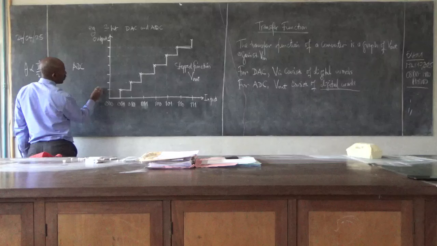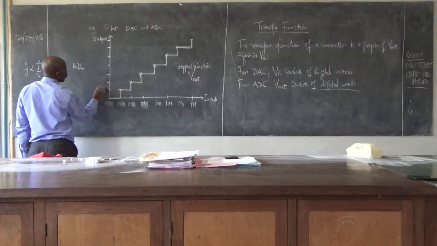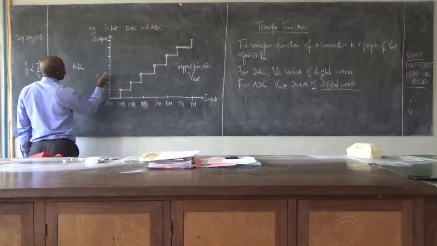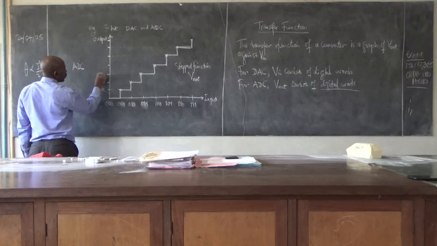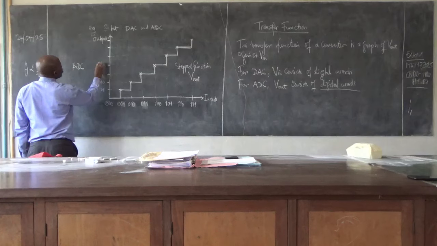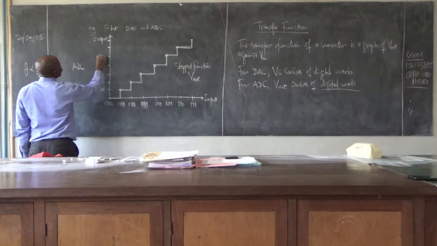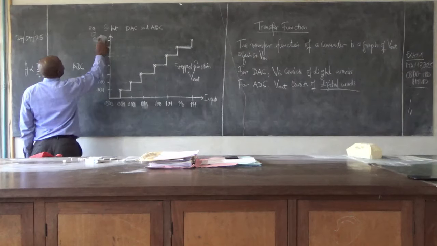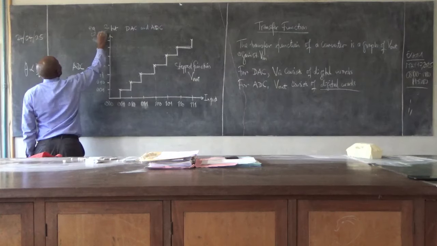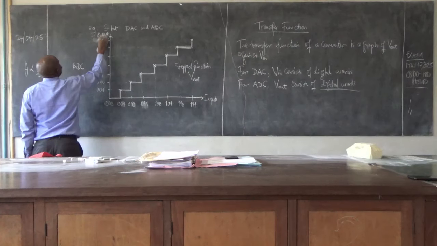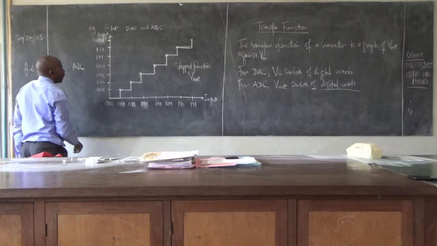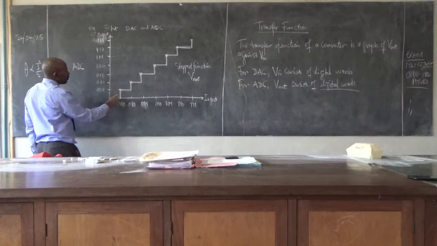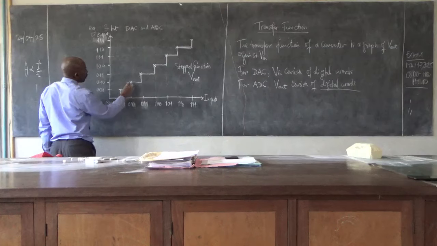This will be 0, 0, 1, 0, 1, 0, 0, 1, 1, 1, 0, 0, 1, 0, 1, 1, 1, 0, and then this one will be 1, 1, 1. These ones now will be in the middle here.